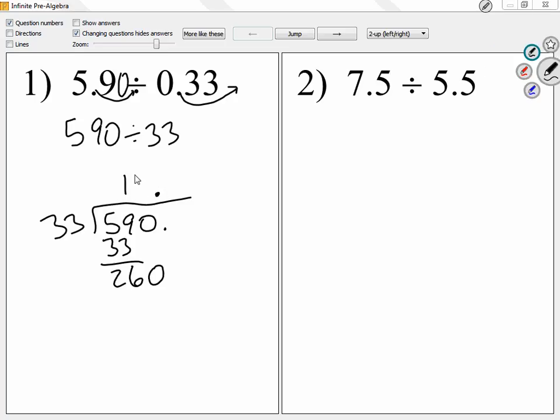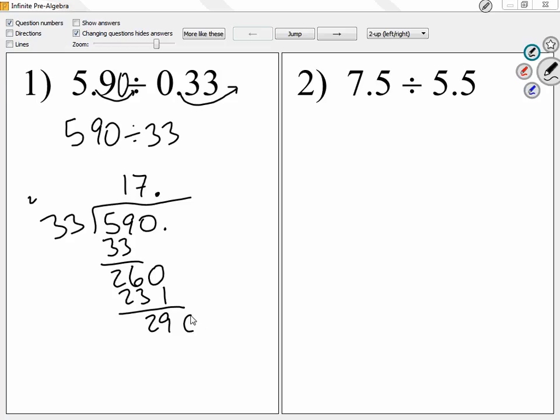Let me try 7. I know 7 times 3 is 21, so carry 2. 7 times 3 is 21, plus the 2 that I was carrying is 23. When I subtract this, it gives me 29. My remainder here should always be less than 33. In this case, I'm good.